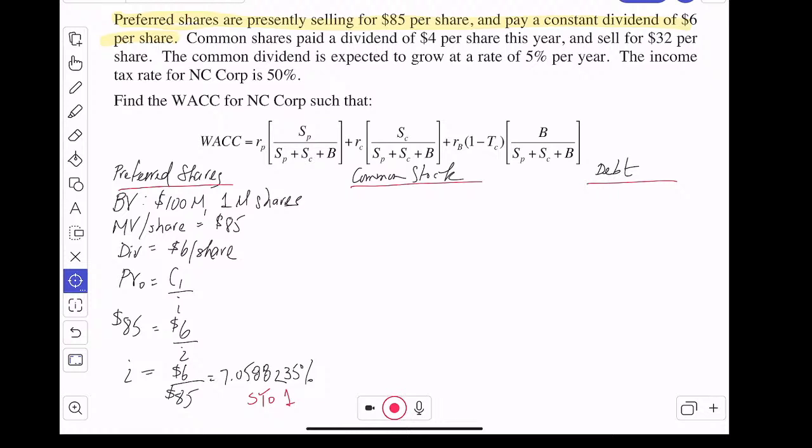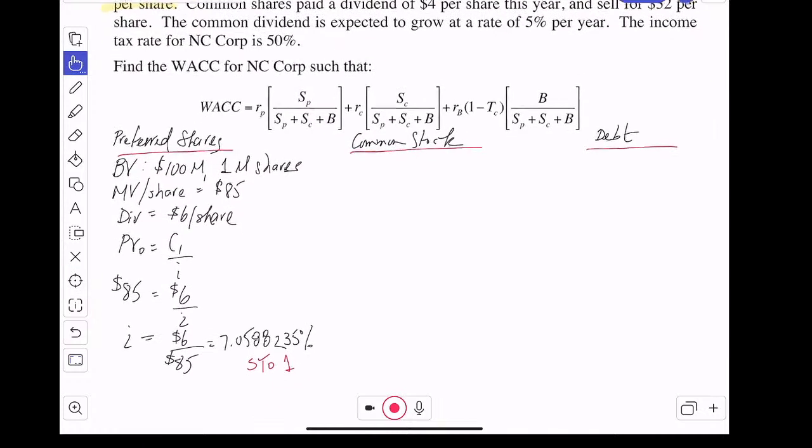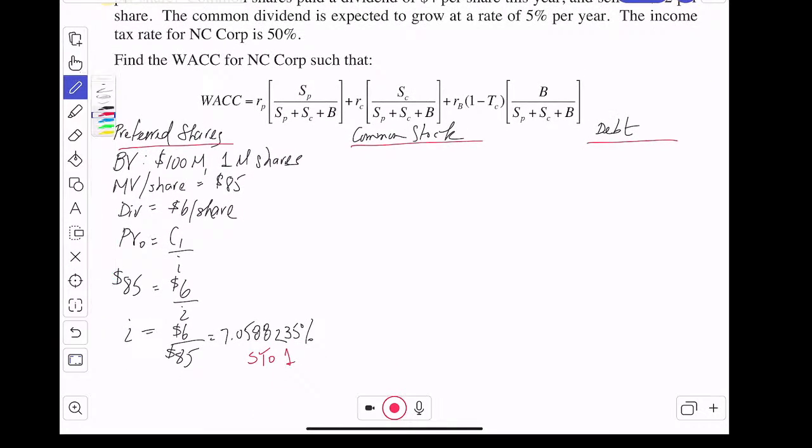So what is the market value of preferred shares? The market value per share is known, and the outstanding shares is known. So it's going to be $85 million.